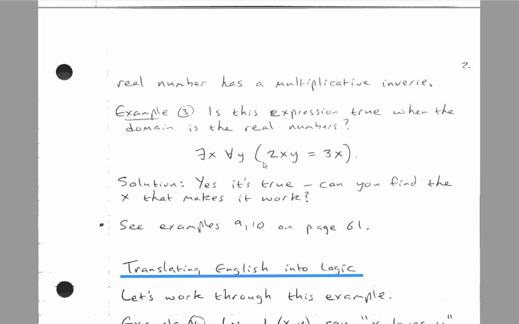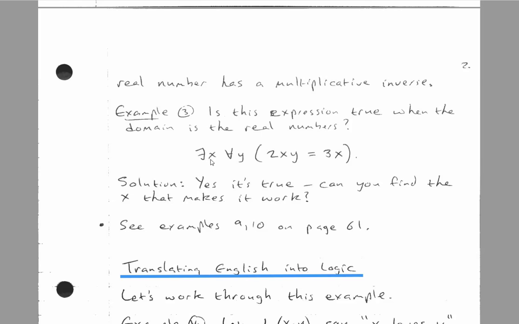If you're trying to make sense of this, you could try putting in different numbers. For example, when x is 1, we're getting 2 times y equals 3. Well, that's not going to work for every y. Okay, so x equals 1 is not a good number to make this true. But can you see a number to put in for x to make this left side always equal the right side?